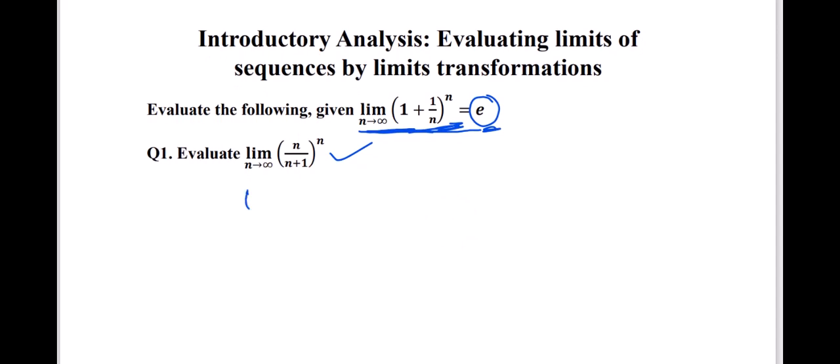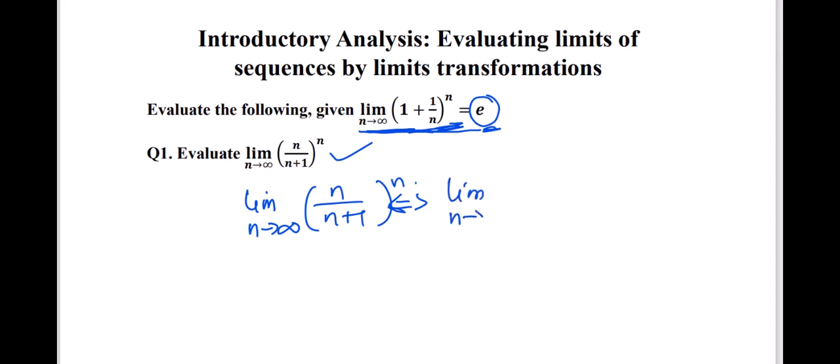So we have the limit as n approaches infinity of (n over n plus 1) all to the power n. Obviously we can write this as the limit as n approaches infinity of ((n plus 1) over n) to the power negative n.